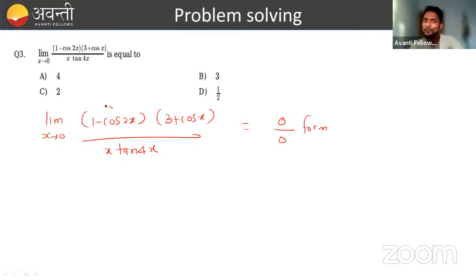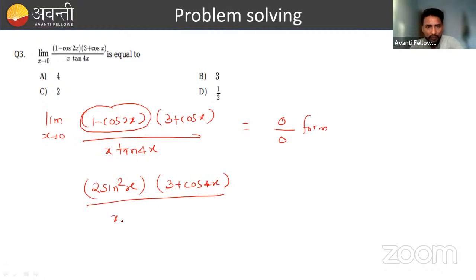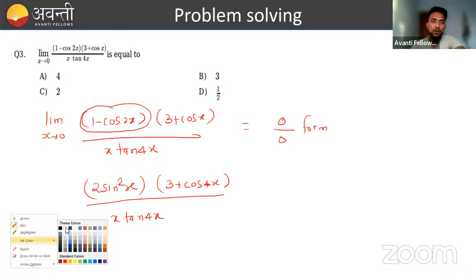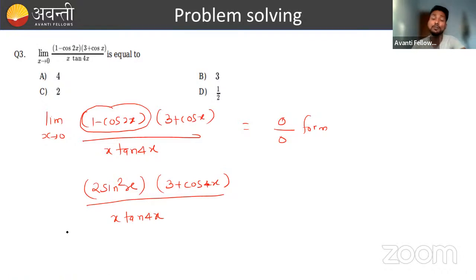I have told you so many times, whenever you see 1 minus cos 2x, just try to write 2 sin square x only. Okay, so I can write like this, and then this is 3 plus cos x, divided by x tan 4x. Now you have to start making sin x by x or tan x by x.